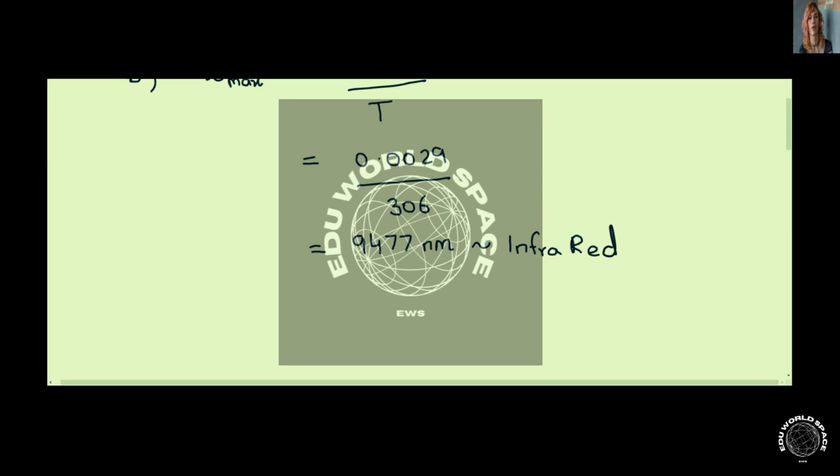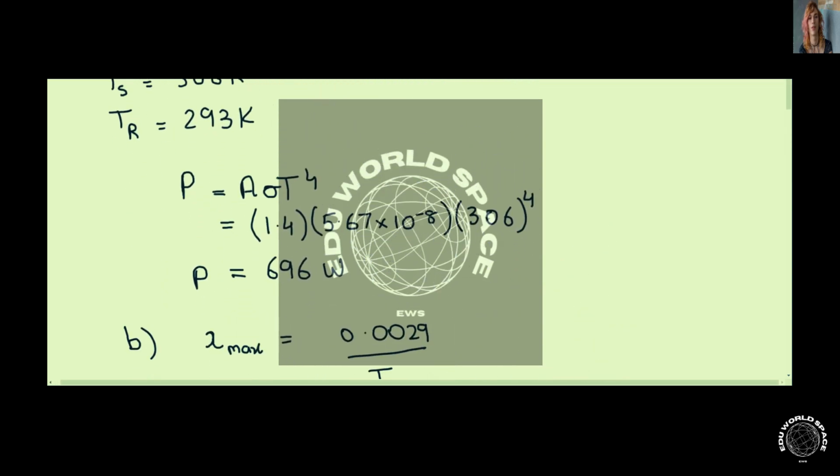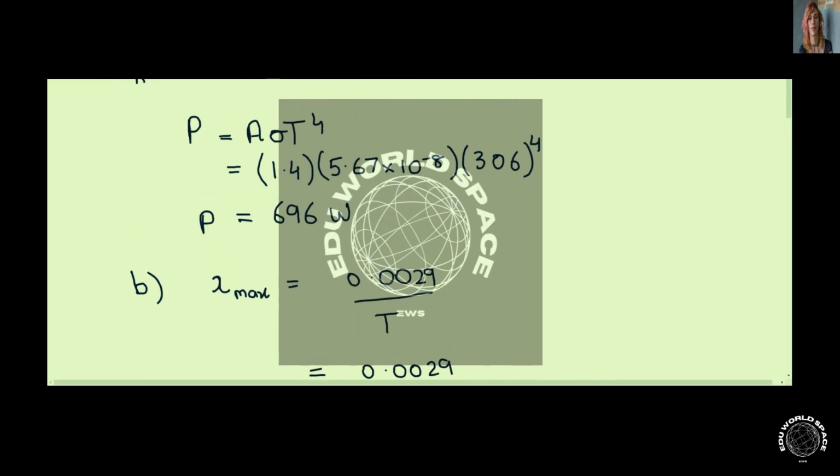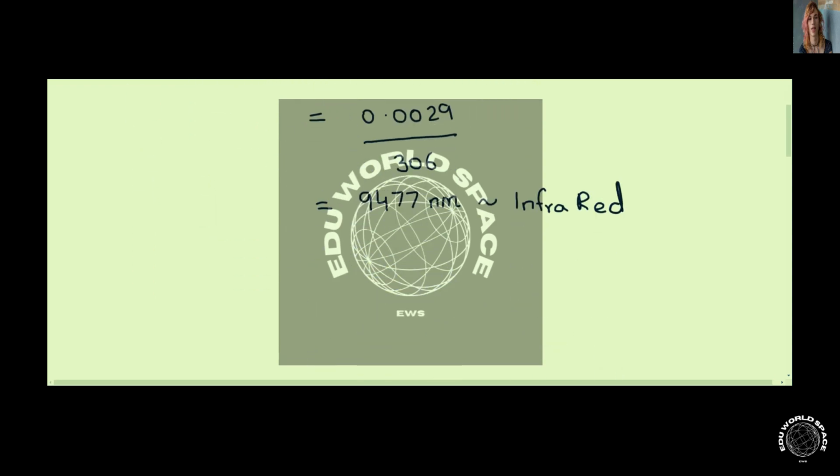Now for the next part, we need to determine the amount of energy absorbed by a person in a room that is at a temperature of 293 Kelvin.